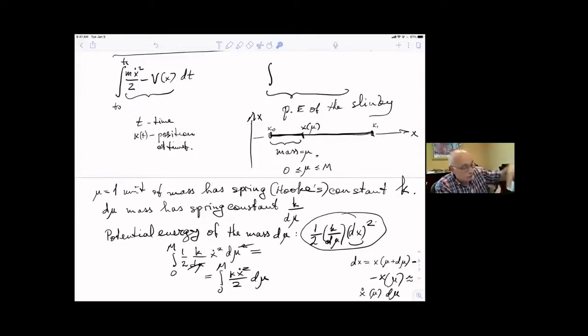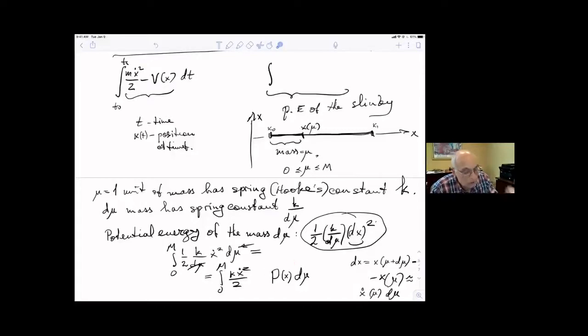And I should have included gravity. And what's gravitational force? That would be an additional potential energy. Let me not call it V. That's the potential energy of the unit mass, times the mass we have, d mu.